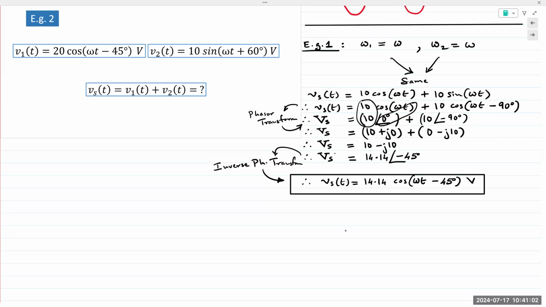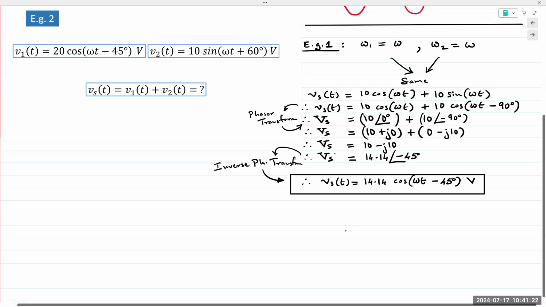The time domain expression is 10 cos omega t. Phase angle is 0. A phasor is a vector. It needs only magnitude and angle. It does not need the value for omega. The magnitude is 10 and the phase angle is 0. We directly write down the phasor for the first term as 10 angle 0.